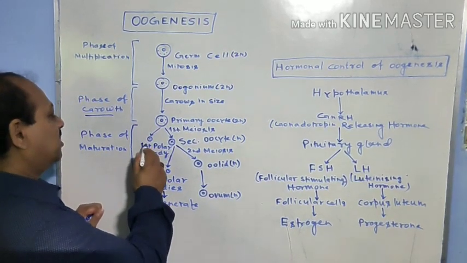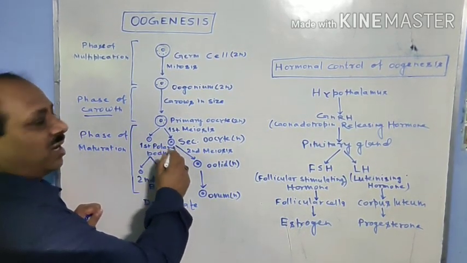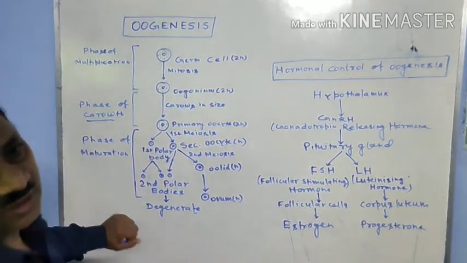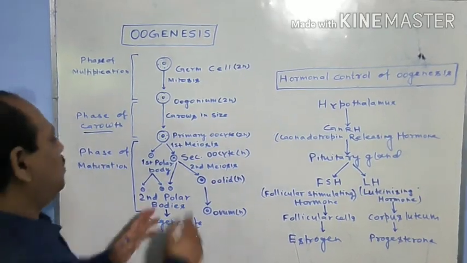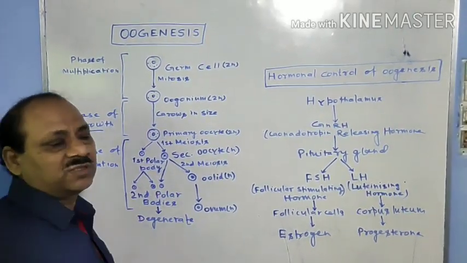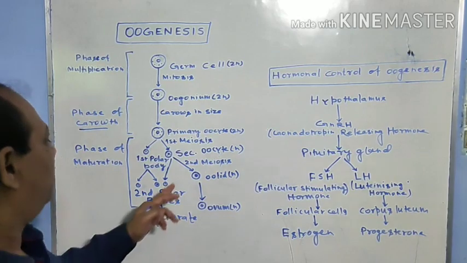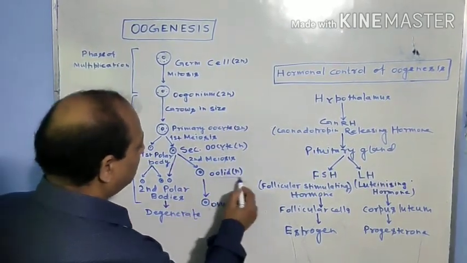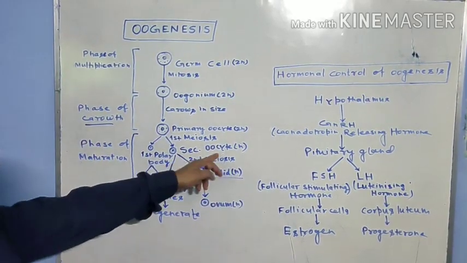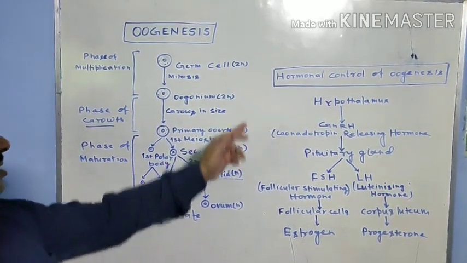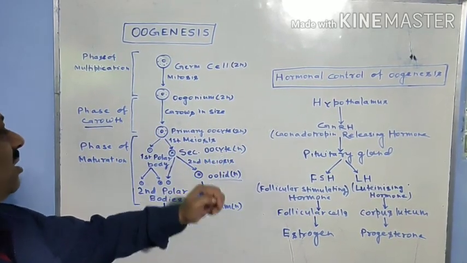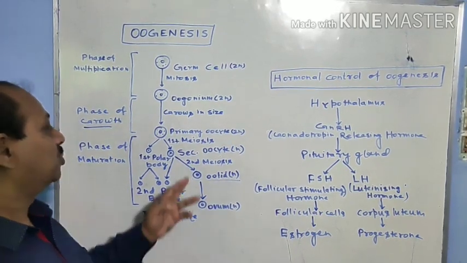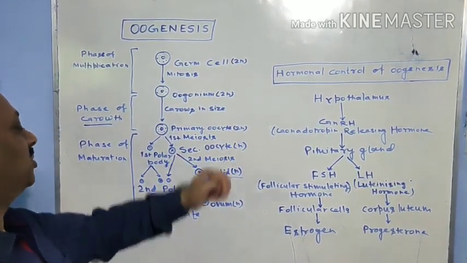One smaller cell is known as first polar body and the other larger cell is known as secondary oocyte. Secondary oocyte is a haploid cell. The number of chromosomes is half that of the primary oocyte.